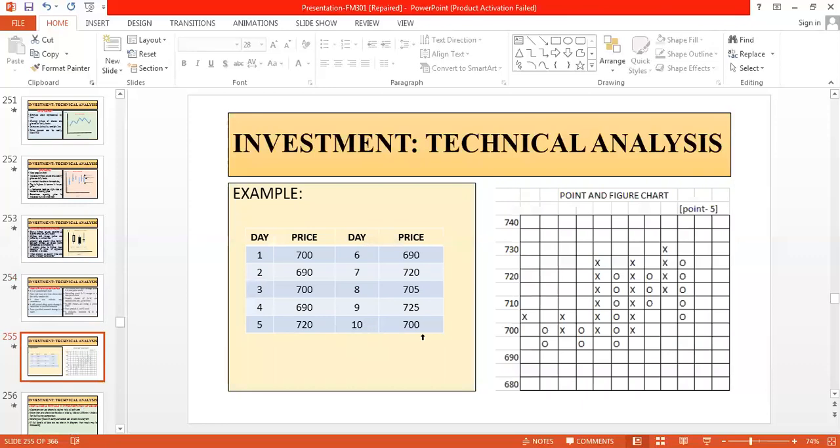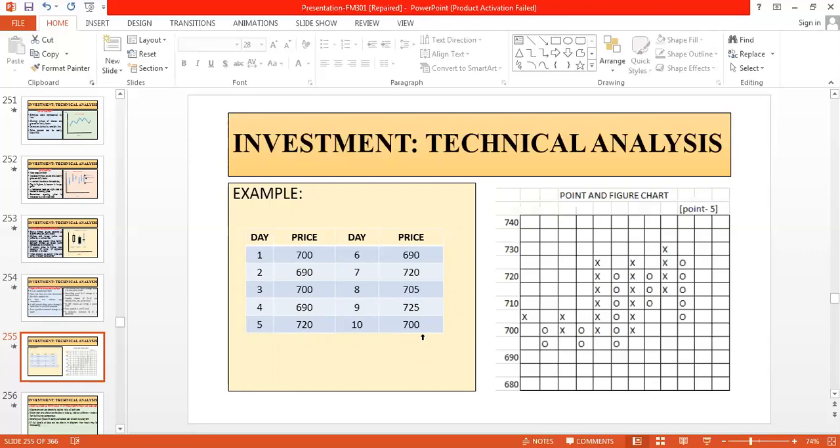In this diagram, just see, a point and figure chart is drawn on the right side. The point is 5. 5 means we will consider the change as valid only when a 5 rupee change is observed in a particular day. So consider day 1. In day 1, the price was 700. In day 2, it is 690.